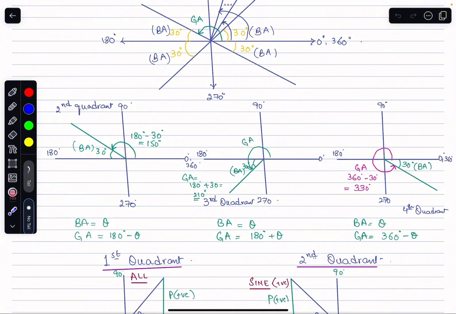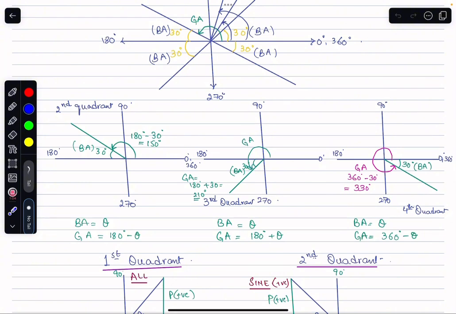The third quadrant. If I have this rotation in the third quadrant, then this angle here is the basic angle. Again, I've taken the example of 30 degrees. So if this is 30 degrees, the basic angle, then the general angle starting from 0 degrees passes 90, 180, and then adds the basic angle.